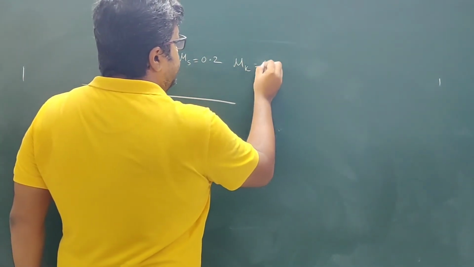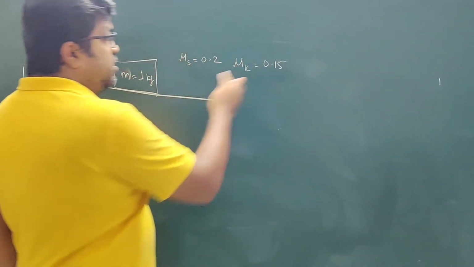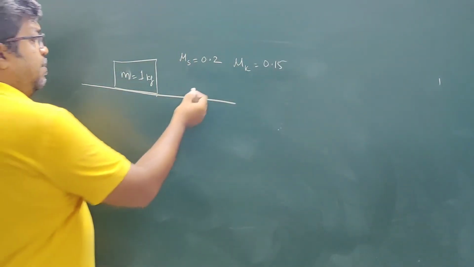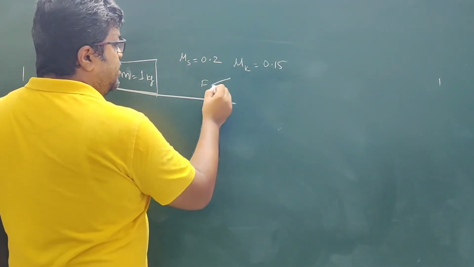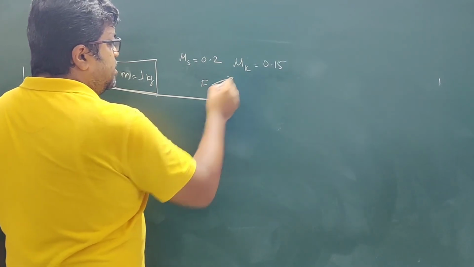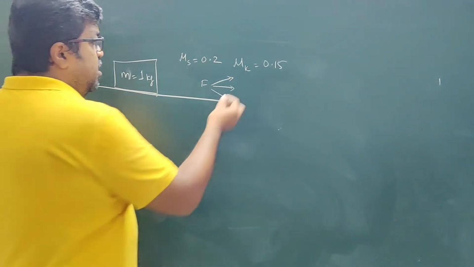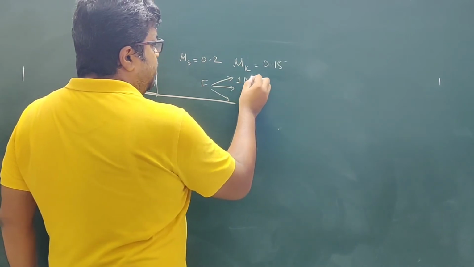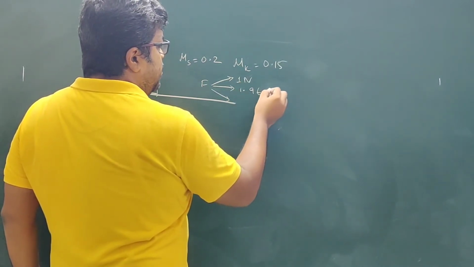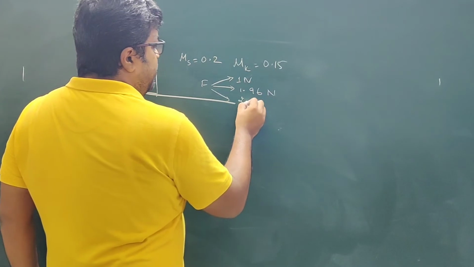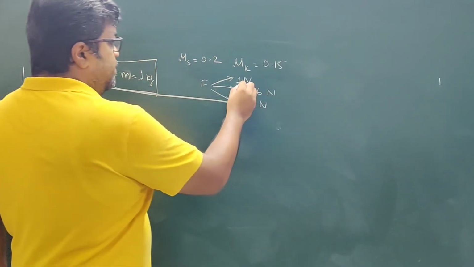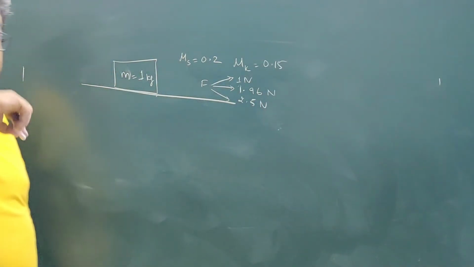Mu k, the coefficient of kinetic friction, is 0.15. Mu s is greater than mu k. We apply forces of three values: 1 Newton, then 1.96 Newton, and then 2.5 Newton. We are asked to find the value of the frictional force.